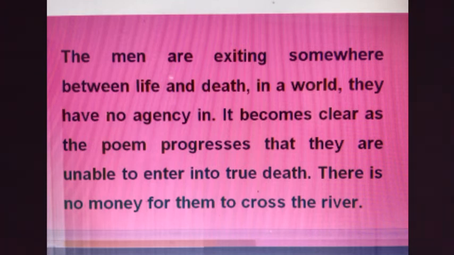They have no control over their thought and they can't act on their own. They have no potential to act. So they stay like dead human beings, but they are not really completely dead. So this is the condition of Europe after World War I.